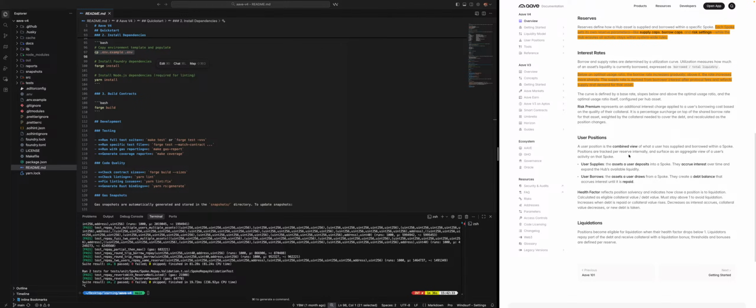So the curve we are talking about is the curve below a particular utilization point and above. It is defined by a base rate, like how much it increases at some point, and slopes either below or above, and the optimal usage ratio itself.